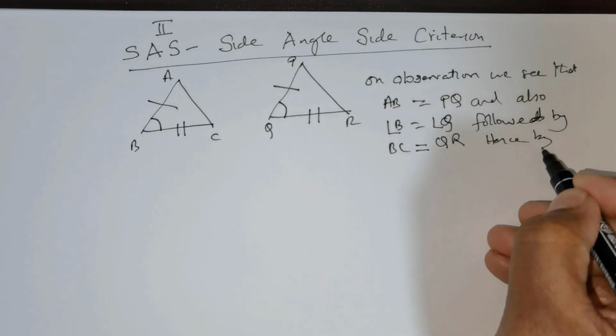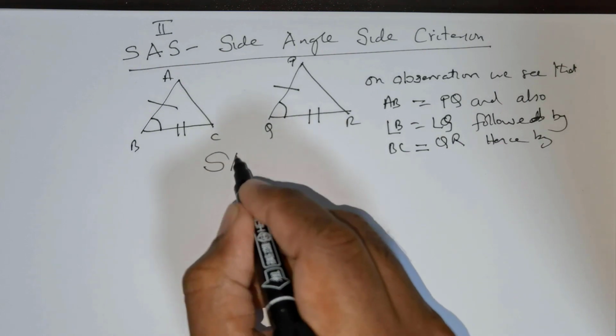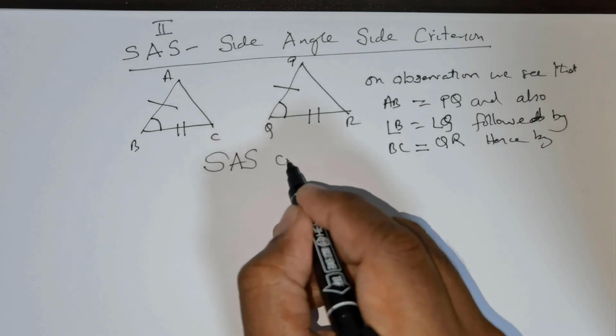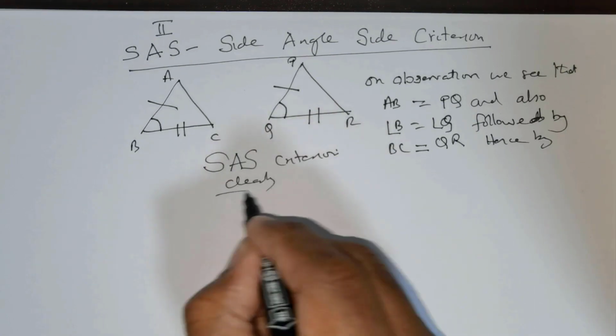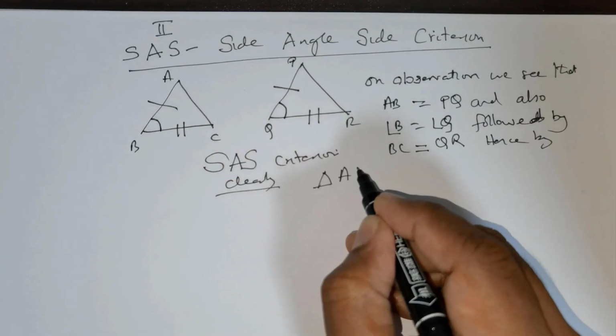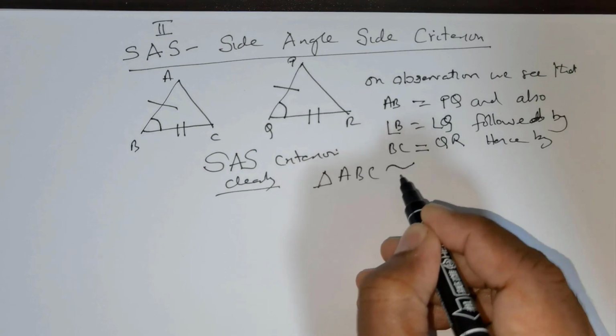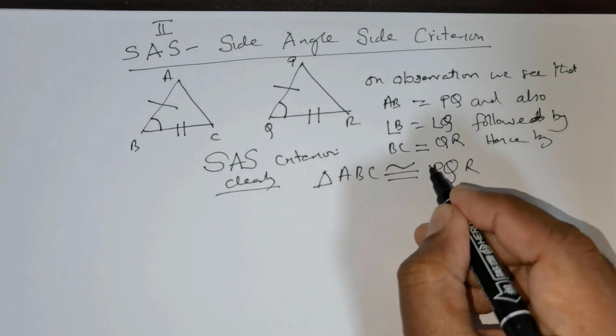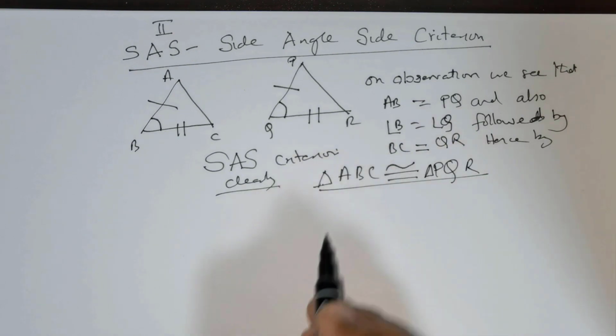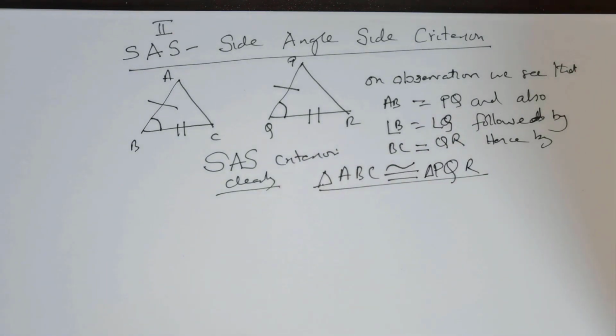Hence by SAS criterion, clearly triangle ABC is congruent to triangle PQR. Make sure to place the triangle symbol. So with this we will move on to the next criterion.